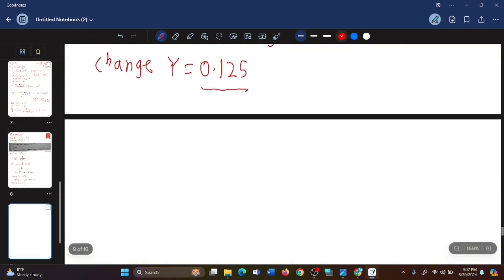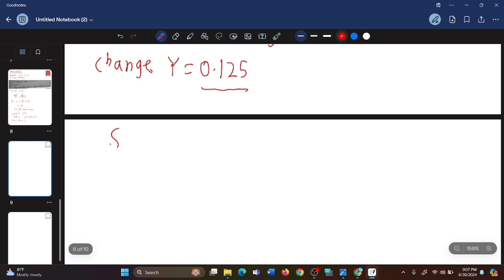In terms of approximation, we use this symbol. This symbol represents approximate change in y, and this symbol represents approximate change in x.